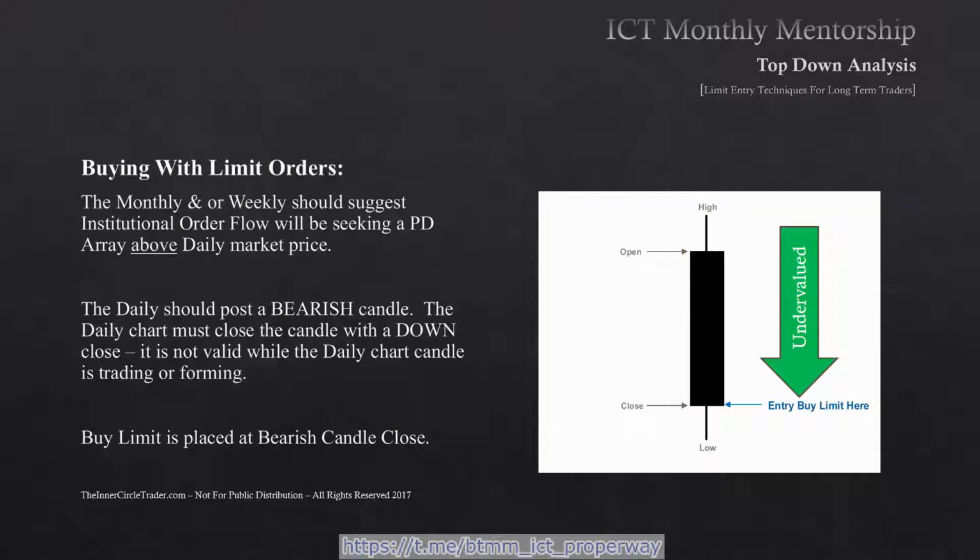It takes a long time for them to come to fruition and a long time for them to set up, but nonetheless, when we use a buy limit entry at the close, what we're doing is the very next day or the next candle, when it opens up, we're expecting price movement to move below that down candle's close. What we're actually doing is we're buying at a deeply undervalued price. It's already going to be oversold without requiring any indicators, but we're going to be buying at a deep, deep discount.